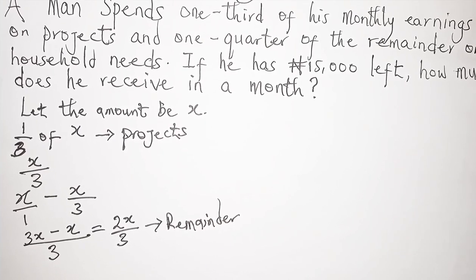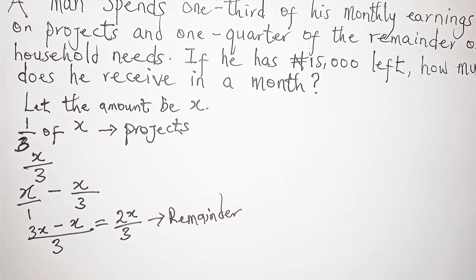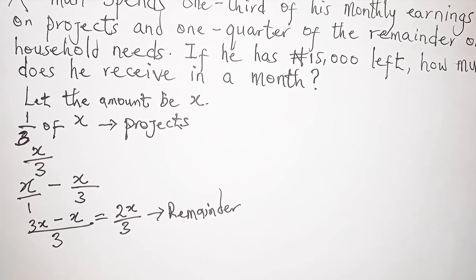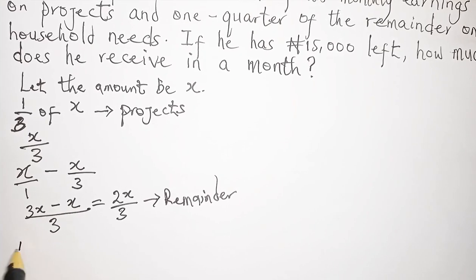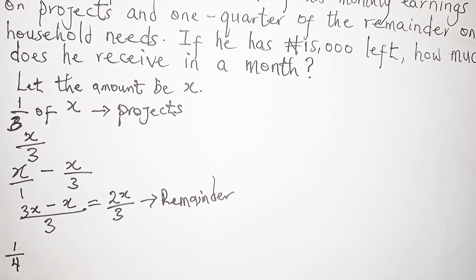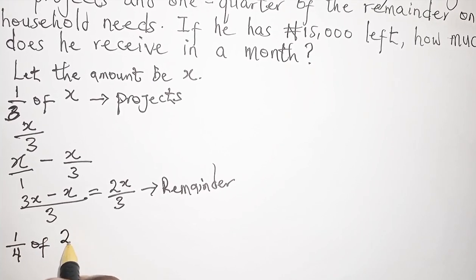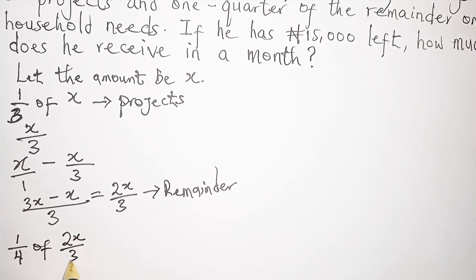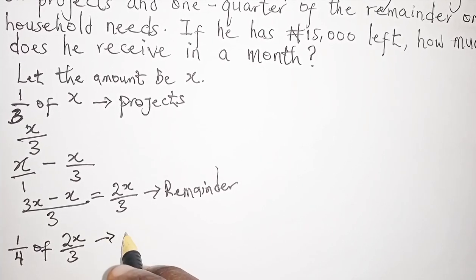Then the next part of the question says he spends one quarter of the remainder on household items. So we're going to do that now. One quarter means 1 over 4 of the remainder, which is 2X over 3, on household items.